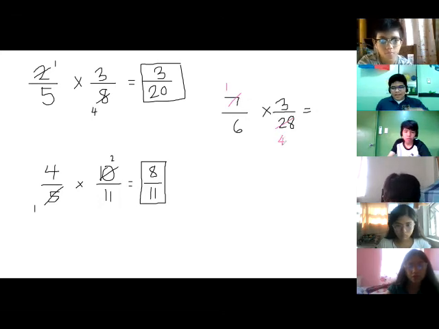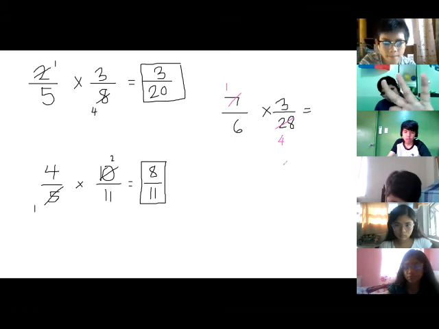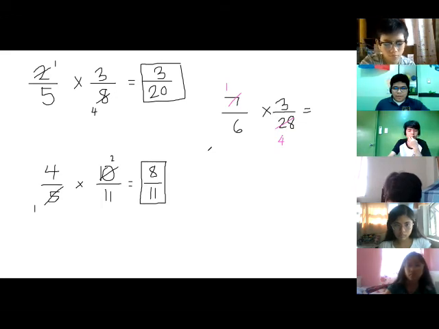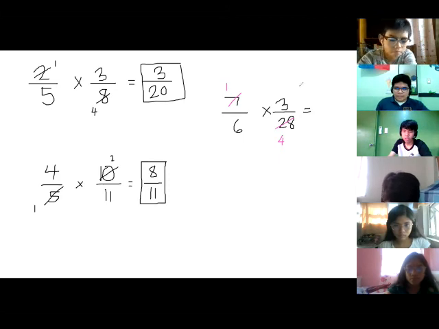Diba? 7, 14, 21, 28. Okay pa? Alright. Kung nahihilo pa kayo sa multiplication table, please, manu-manuhin ninyo. 7 plus 7, 14 plus 7, 21 plus 7, 28. Okay, you can do that.